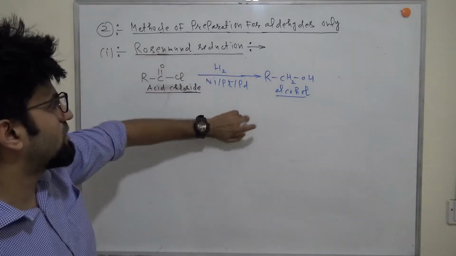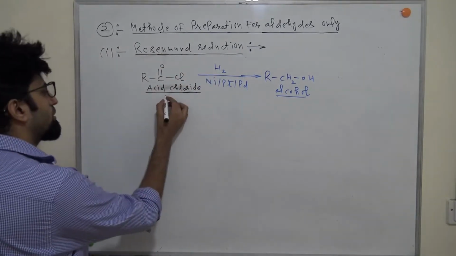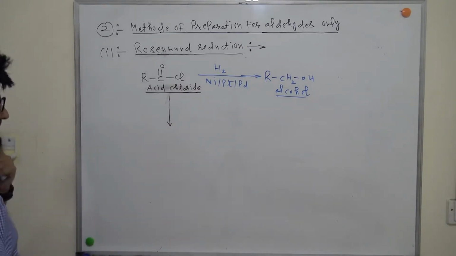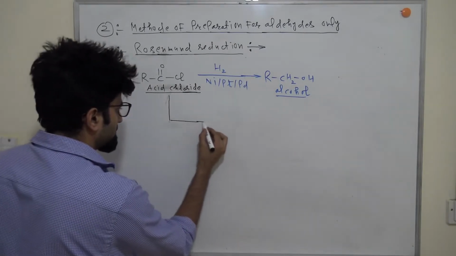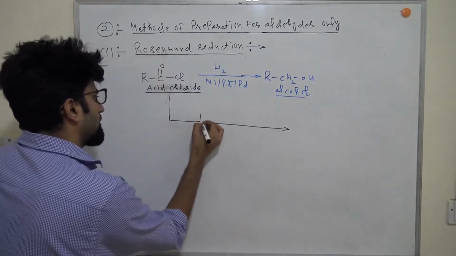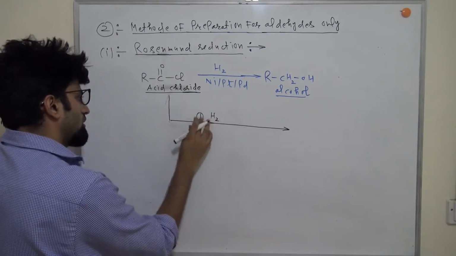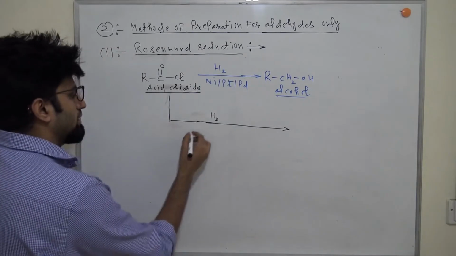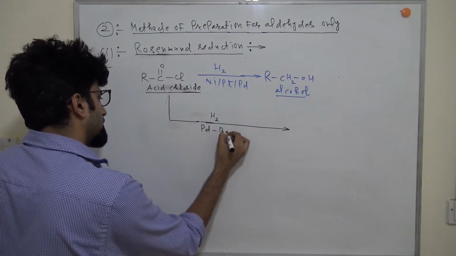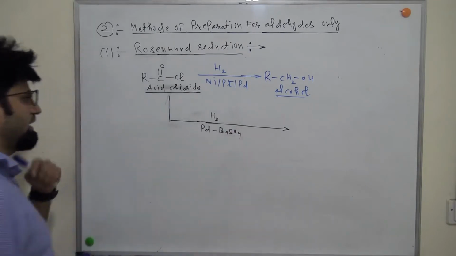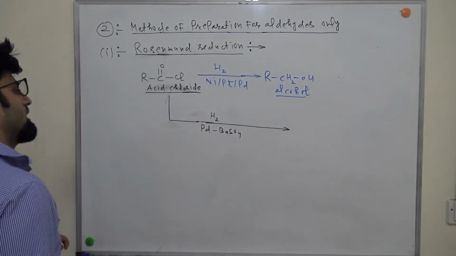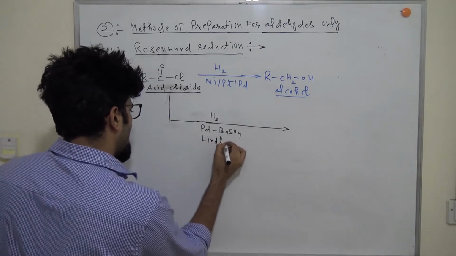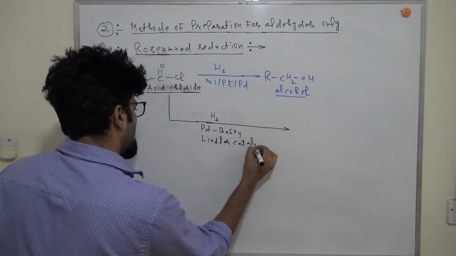Now in Rosenmund reduction, what we basically do is its reaction with H2 and Pd/BaSO4. This is how we write H2, Pd/BaSO4. The catalyst name is Lindlar catalyst.